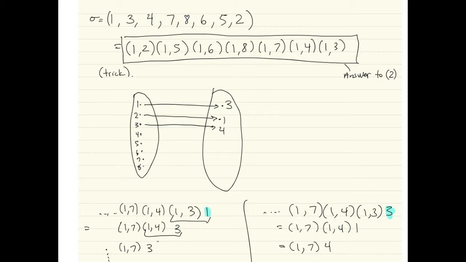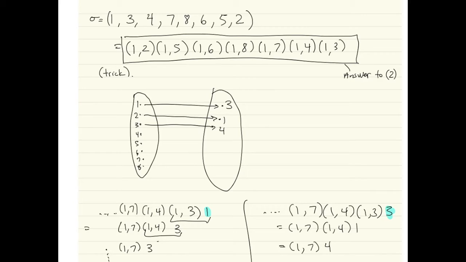Then we ask, well, what does it do to 3? Well, we then start with 3 out here again. That's down here, or out here. The transposition (1 3) switches the 3 to a 1. And then we ask, what does (1 4) do to the 1? It sends it to a 4.